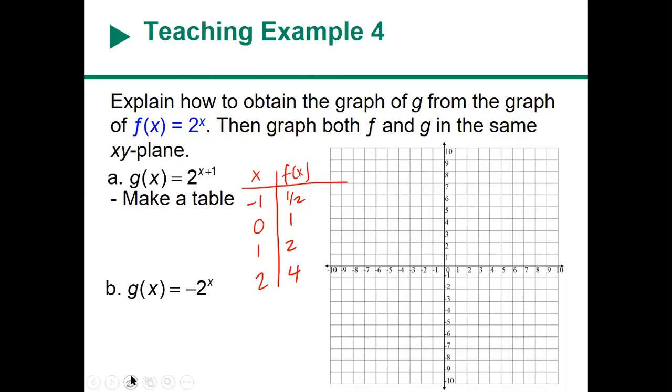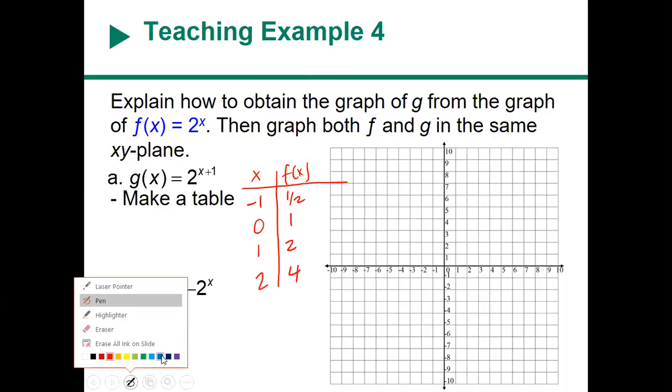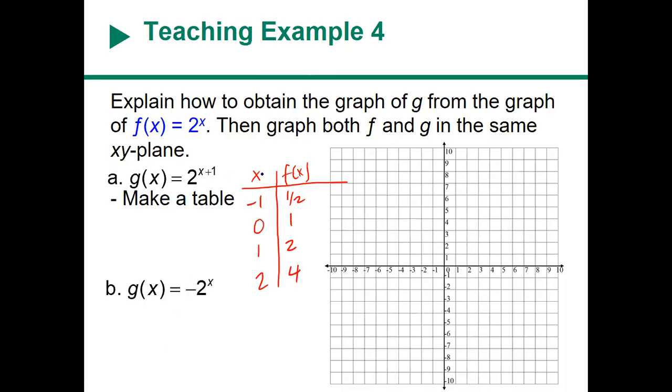Okay, so now what g of x is saying is that each one of my x values are going to go to the left 1, but my f of x isn't going to change. So I'm taking this table and I am shifting each x value to the left. So I'm subtracting 1 from each x value, and the y values are going to stay the same. So for g of x, these are going to be the same.